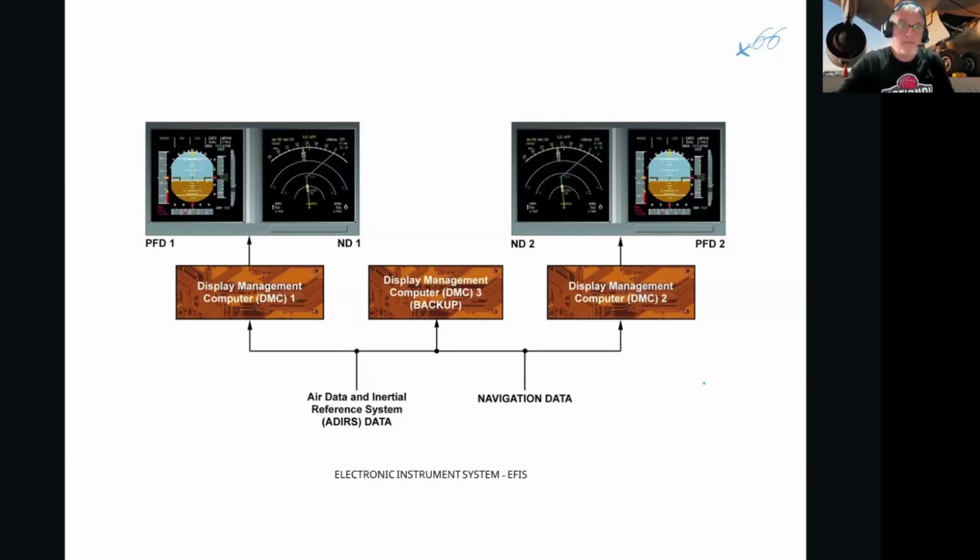Notably, if you remember before, only DMC number 1 was in operation and the other 2 were in standby. In this arrangement here, DMC 1 is providing the pictures on the screens for the left-hand side, and DMC 2 is providing the pictures for the right-hand side of the co-pilot.